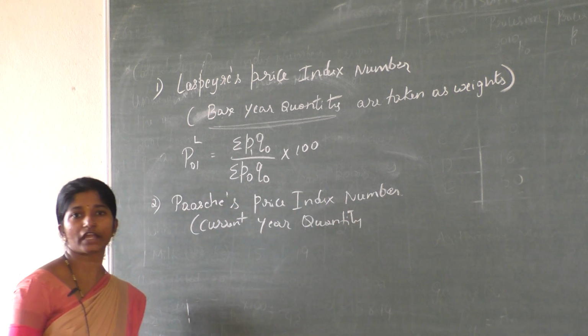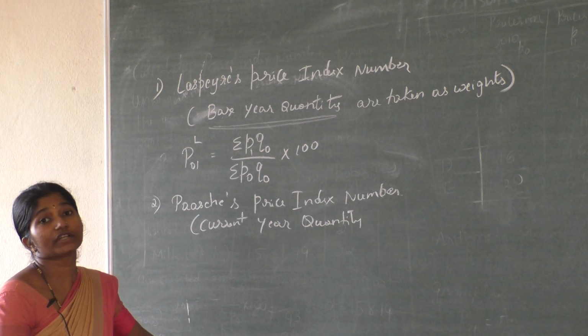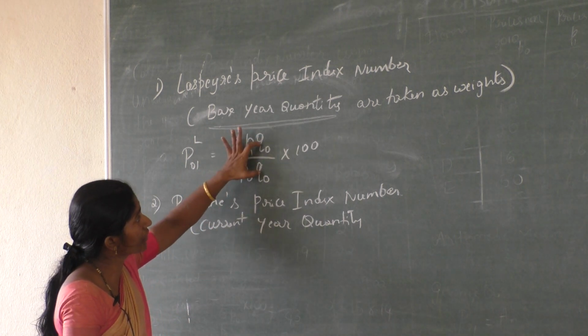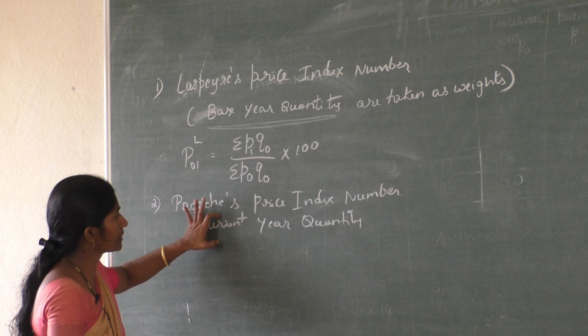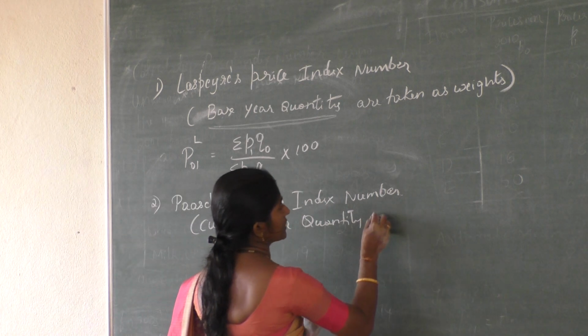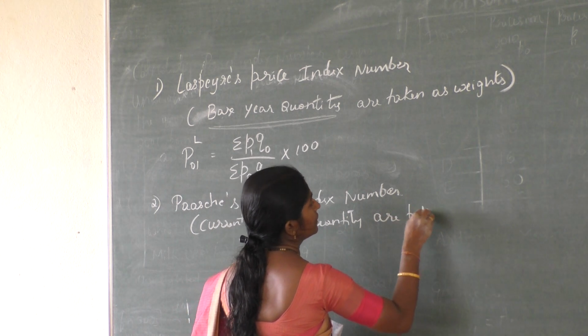First of all, I told you that in the price index number quantity is taken as the weightage. In Laspeyres only the base year quantity is taken, and here in Paasche's price index number the current year quantity is taken as the weights.